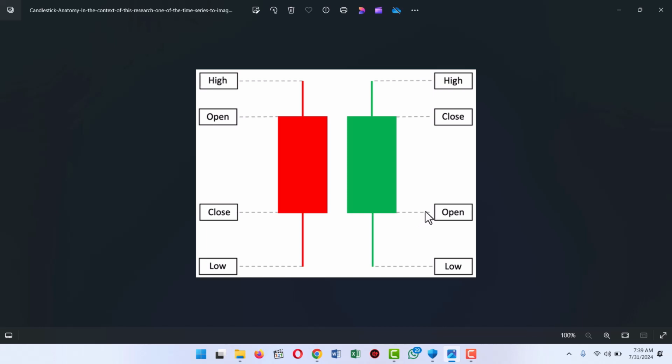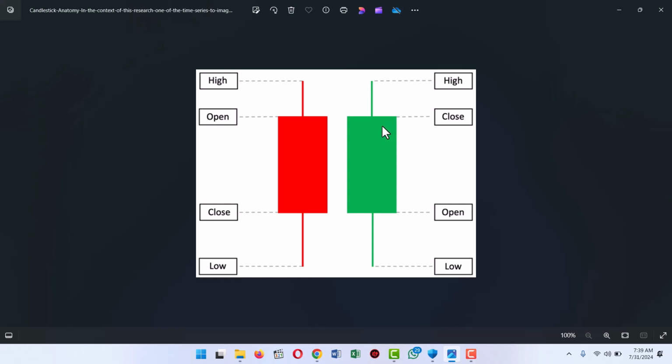Let's say for example the daily time frame, you have the open for the day, when the price opened the day to be this area here, the beginning of the body of this candle. Then you have the lowest point price moved to in the day, and then the highest point price reached in a day, and then the close of the day where price closed for the day.